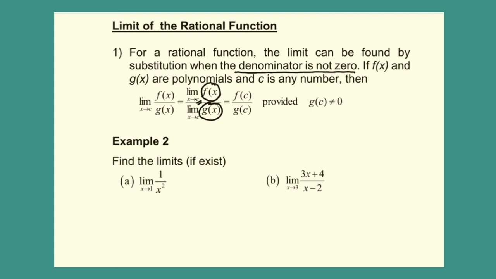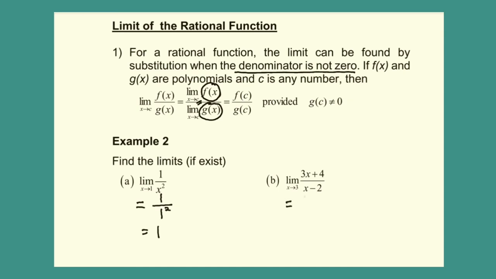Look at example 2. Find the limit. For a, limit of 1 over x squared as x approaches 1 is equal to 1 over x squared. Substitute x equal to 1, 1 squared. This is 1. For b, limit of (3x plus 4) over (x minus 2) as x approaches 3.